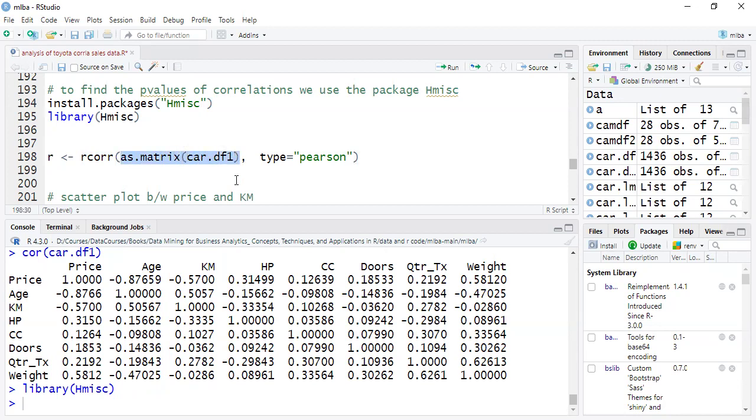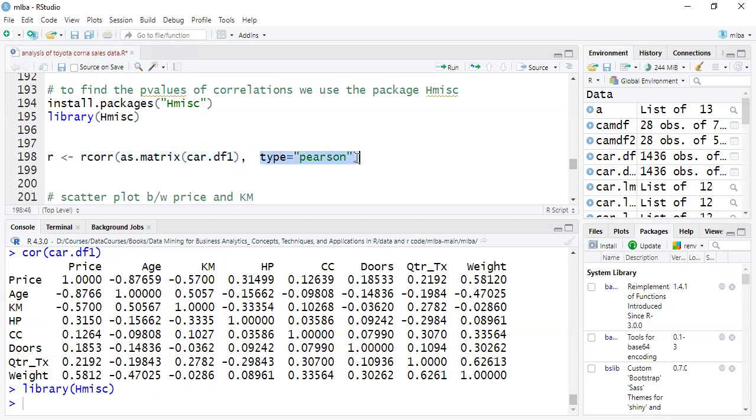What is this segment of the command doing? car.df1 is a data frame, which is a requirement of R. But the Hmisc package requires not a data frame but a matrix, so we convert the data frame into a matrix.